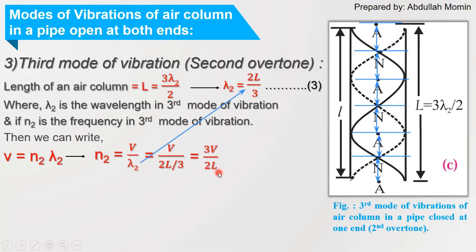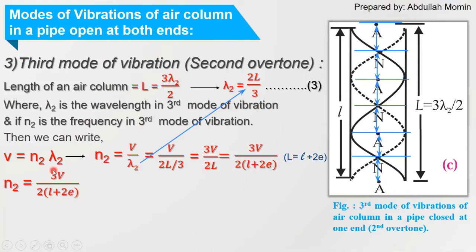Now L is the corrected length of the pipe, and it can be written as small l plus 2e. That is the formula of the corrected length of a pipe which is open at both ends. So for n2 we have 3V divided by 2 in bracket small l plus 2e.